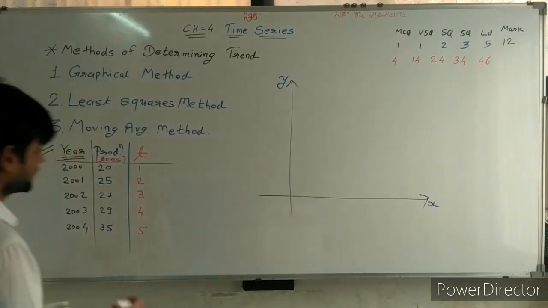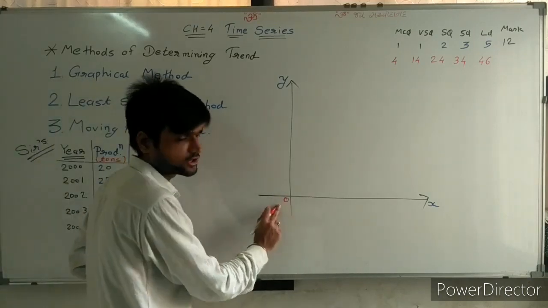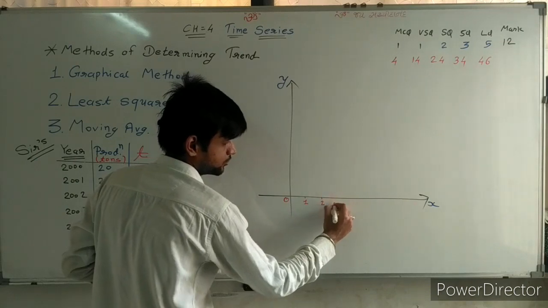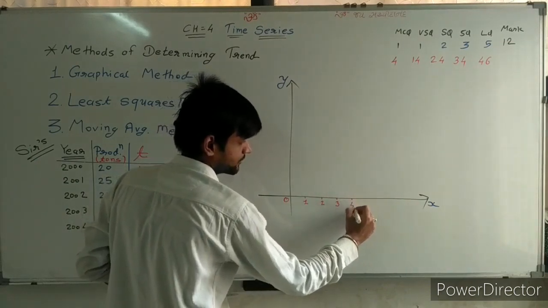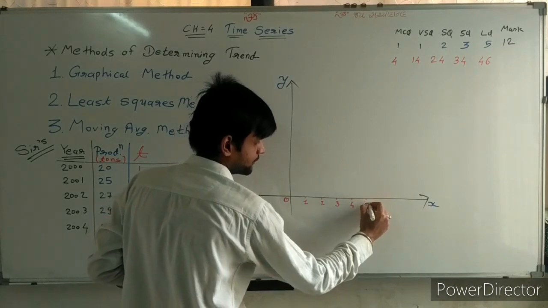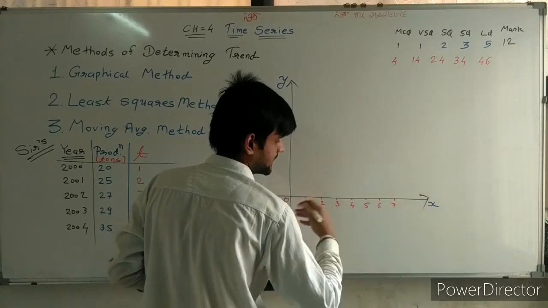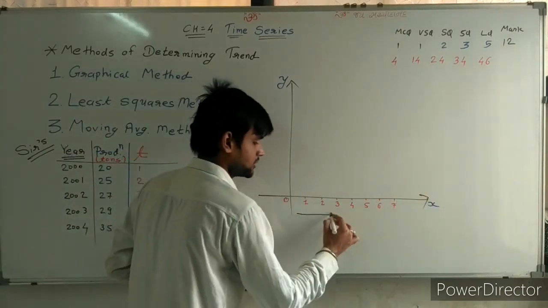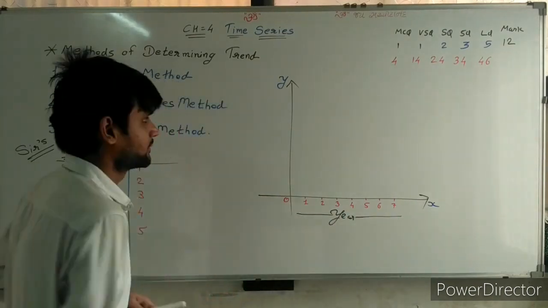Now, writing time, suppose starting from 0: 1, 2, 3, 4, 5, 6, 7, whatever is there. Here production information is given, so it is on the y-axis.